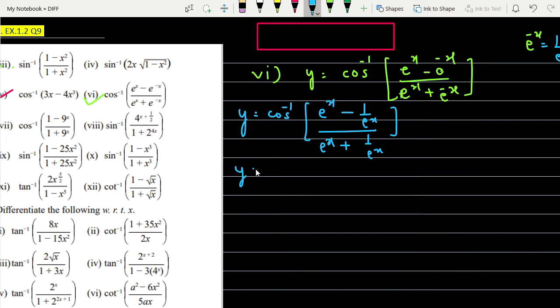So that we will get cos inverse of e raised to power x whole square minus 1 upon e raised to power x, e raised to power x whole square, that is e raised to power 2x plus 1, and the denominator e raised to power x is getting cancelled.